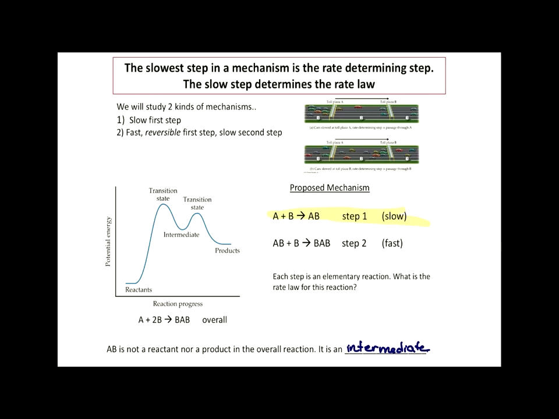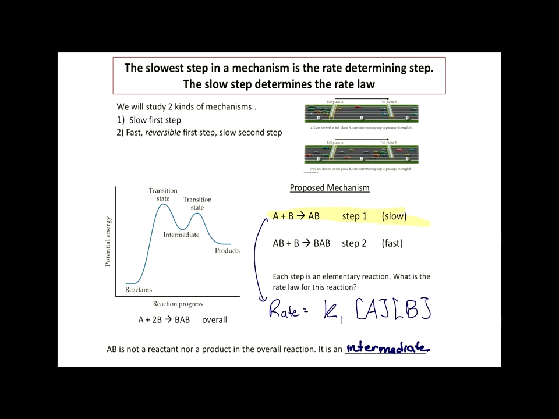So all we have to do is say that rate equals K, the rate constant for that first slow step, times the concentration of A times the concentration of B. That is what the rate law is for this reaction, because the slow step determines the overall reaction rate law. Second step doesn't matter. Second step doesn't matter. All right?